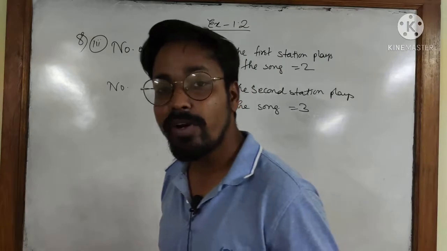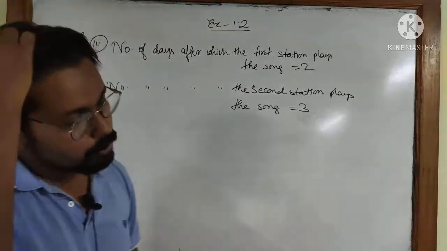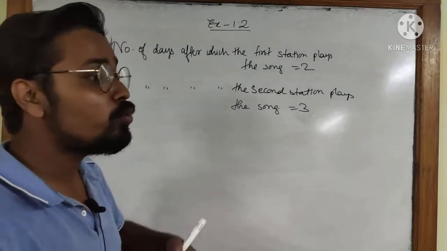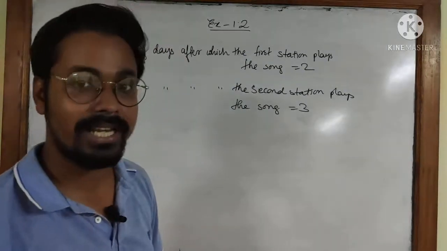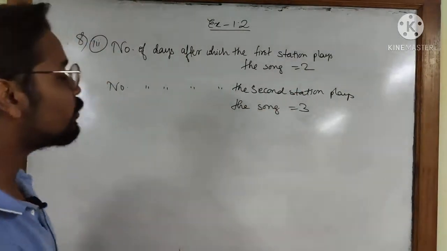So first let us try to find out after how many days do they play it together. So suppose today is Monday, both the stations are playing the same song. Then on which day will they play the same song again? That means again you have to find the LCM. So it will be the multiple of these days. So you have to find the common multiple.